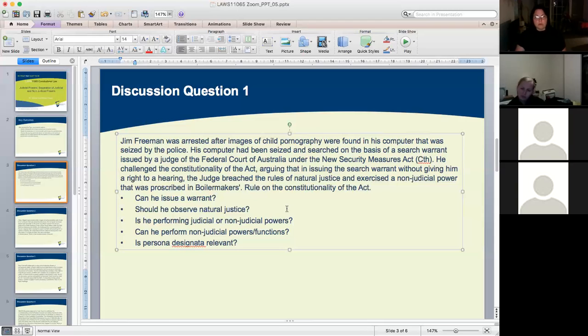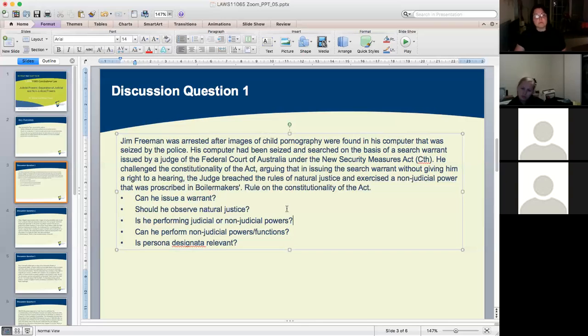That is the legal issue. So let me repeat. The question is, can the federal judge issue a warrant? That's the factual question. But the legal issue is, is the federal judge, in issuing a warrant, exercising a judicial or non-judicial power? That is the legal issue.